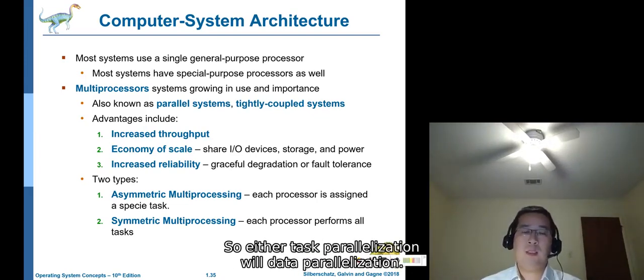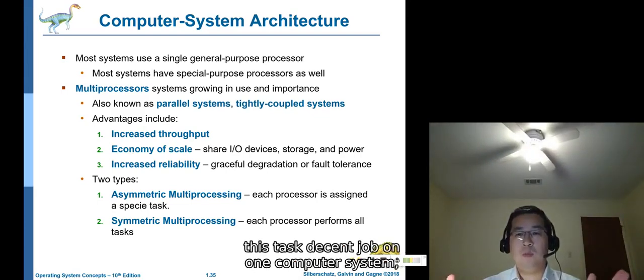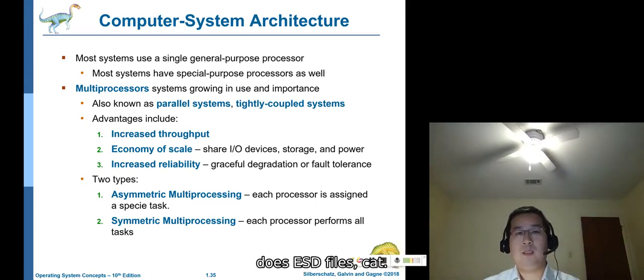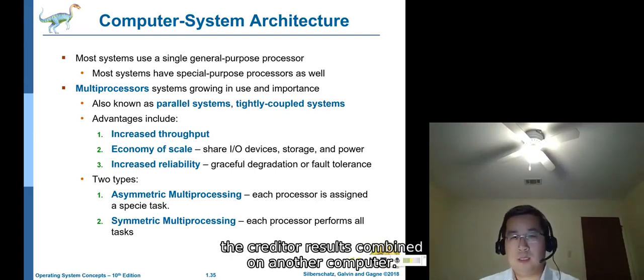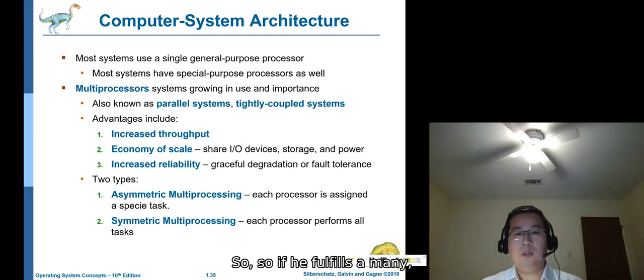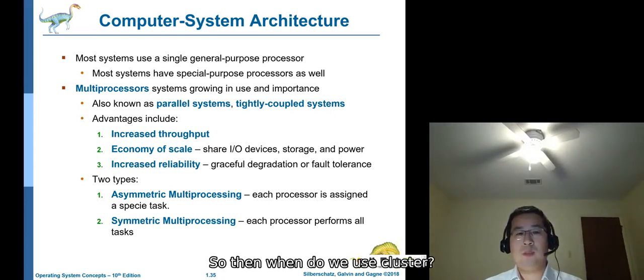Either with task parallelization or data parallelization, we want to finish this job on one computer system. That's easy for us to handle. We don't want to run some part of the job on one computer and another part on another computer, and then finally combine the results on yet another computer. If it involves manual operation, that will be slow. Instead of using manual combination, we can use a computer system, that is, a cluster.